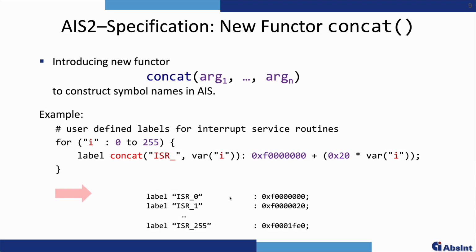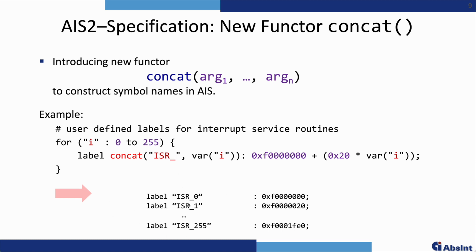We have been asked by many customers for the next feature. It's a new AIS functor called concat for string concatenation. So you can basically construct your own symbol names, your own strings in AIS now. So here in the example, you see how it works.